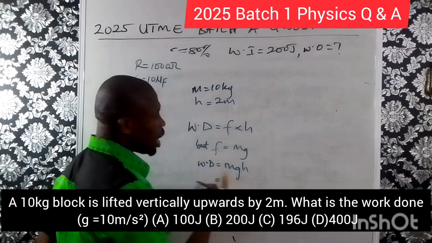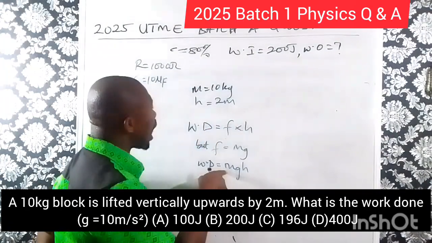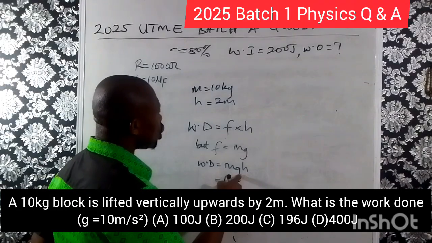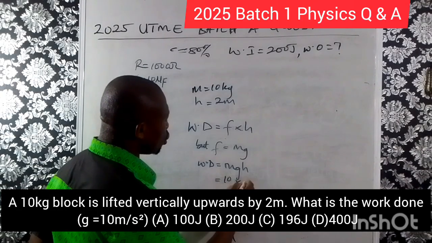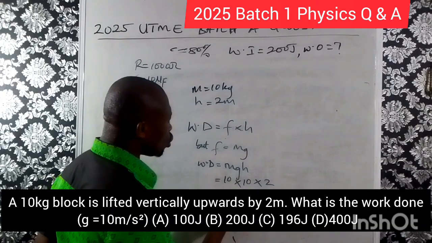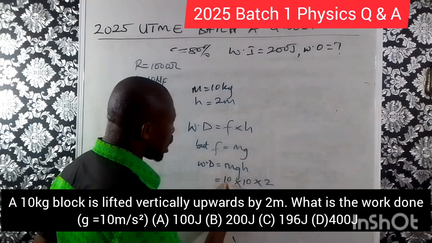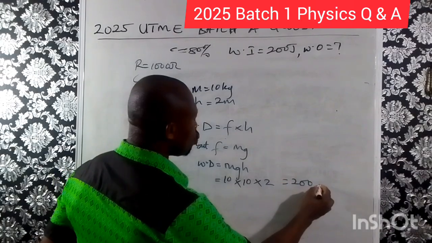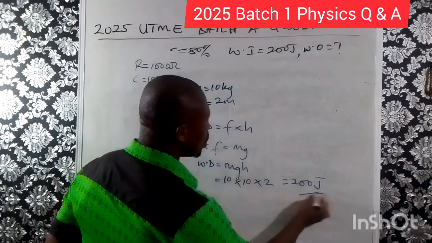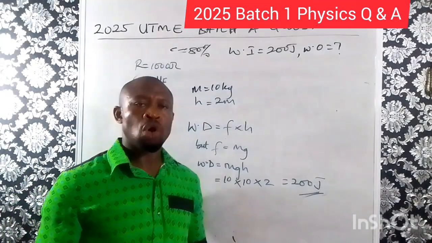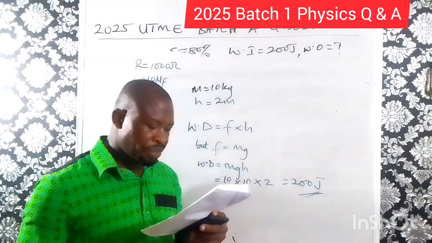So if we substitute, mass is 10 times g, which is 10, times 2, which will give us 10 times 100, 100 times 2, which will give us 200 joules. So the correct answer option is 200 joules.